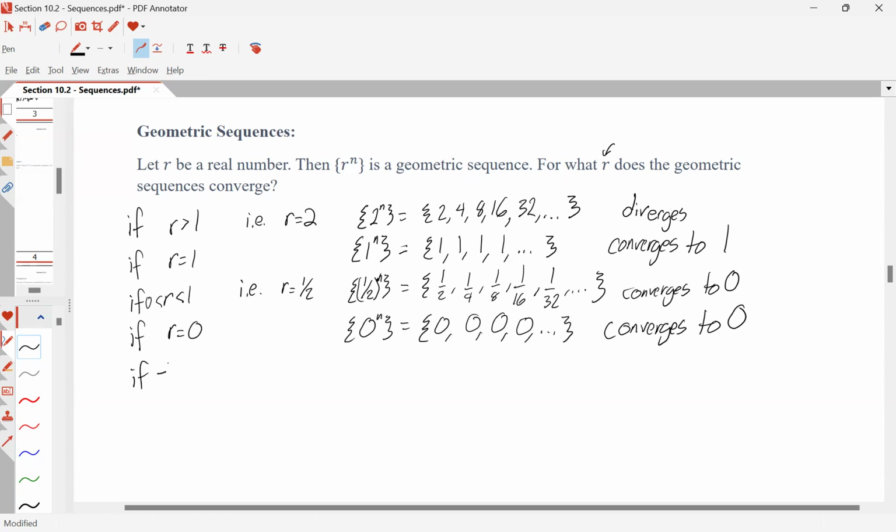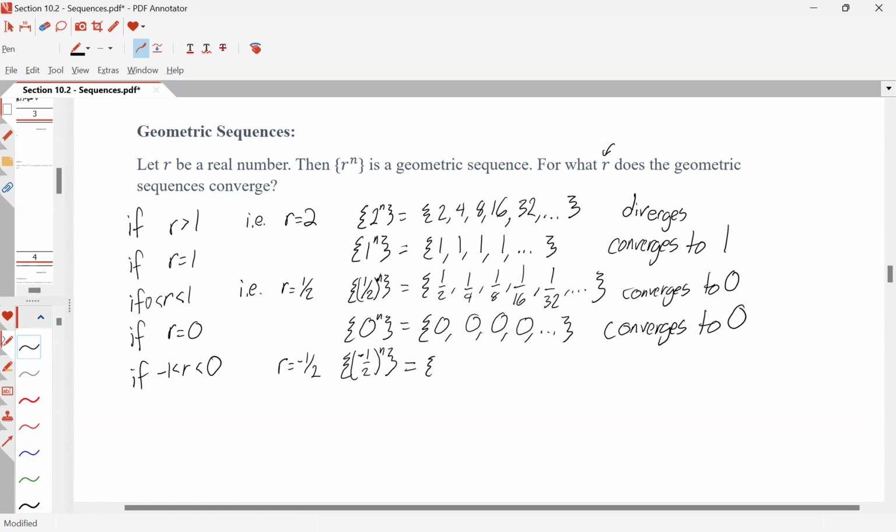If r is between -1 and 0, our example would be r equals -1/2. What's going to happen here is we're going to have the same sequence as 1/2 to the n, but instead, the signs are going to switch back and forth.